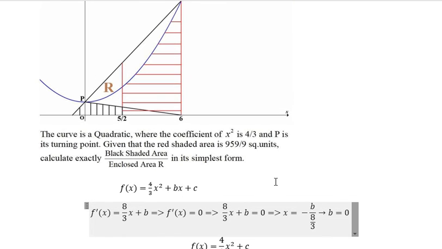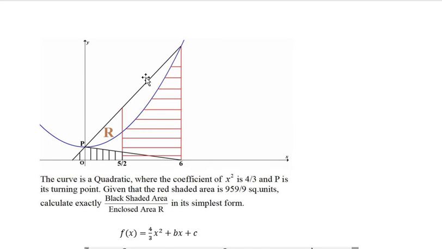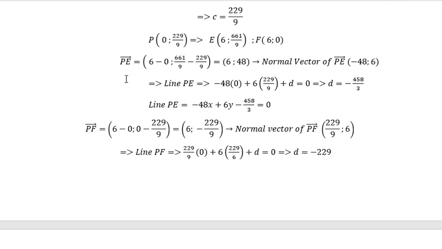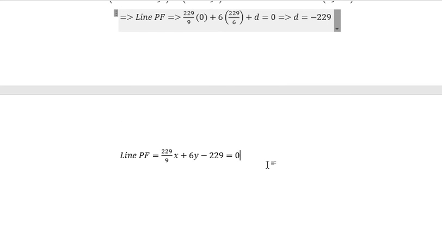After we find these equations, now we need to consider the area. We have P and E going this way, so we can find the location where this equation intersects the x-axis. So that's about PE.